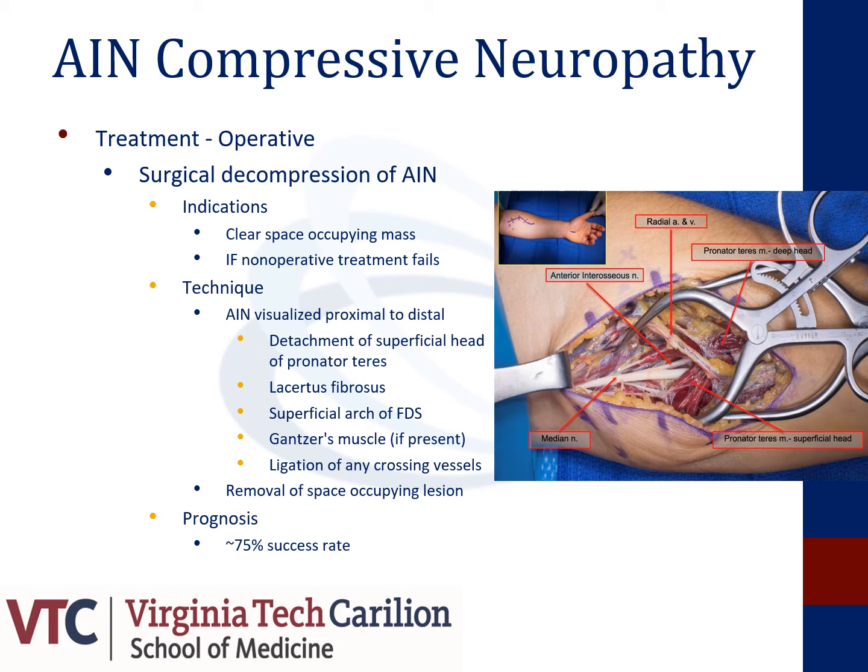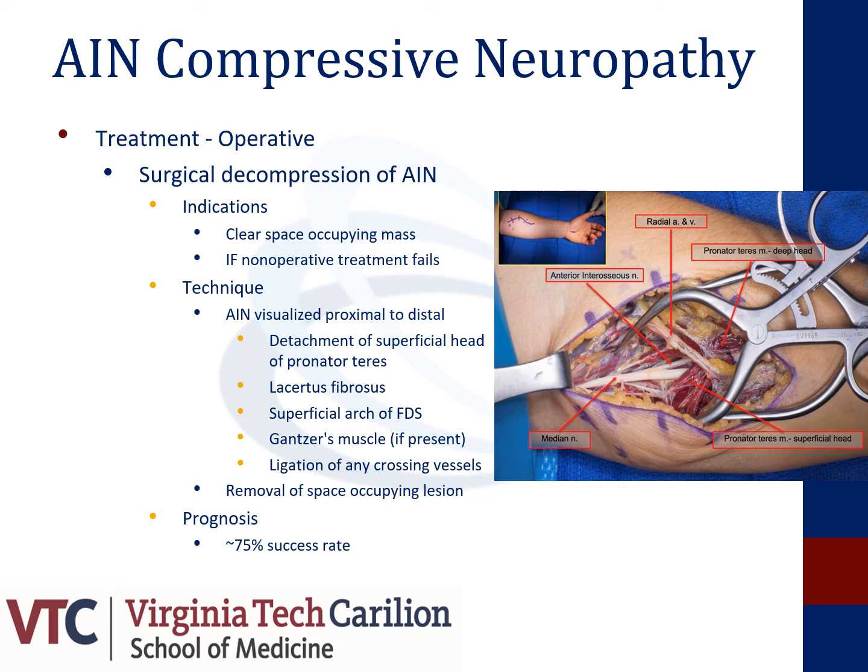How do you do this? This surgical procedure, very similar to the pronator syndrome release, is based on a lazy S incision that allows for exploration of the proximal aspect of the median nerve. The key is to ensure that the AIN is fully visualized from proximal to distal.